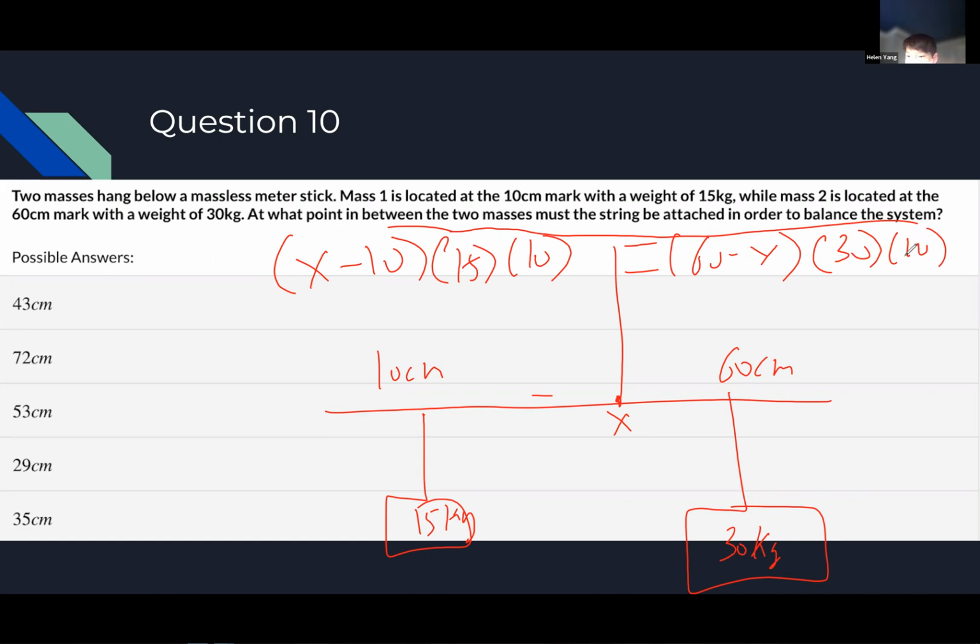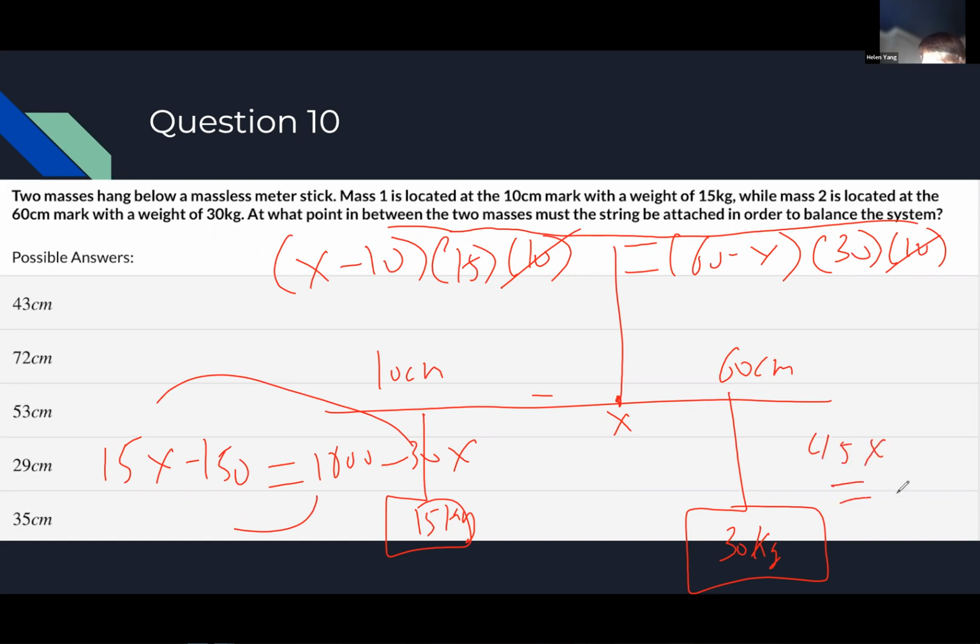And since we can cancel the g, if we expand that, we get 15x minus 150 equal to 1800 minus 30x. If you move the x to one side and the number to the other side, we get 45x is equal to 1950, and x is around 43. So this is the 43 centimeter mark.